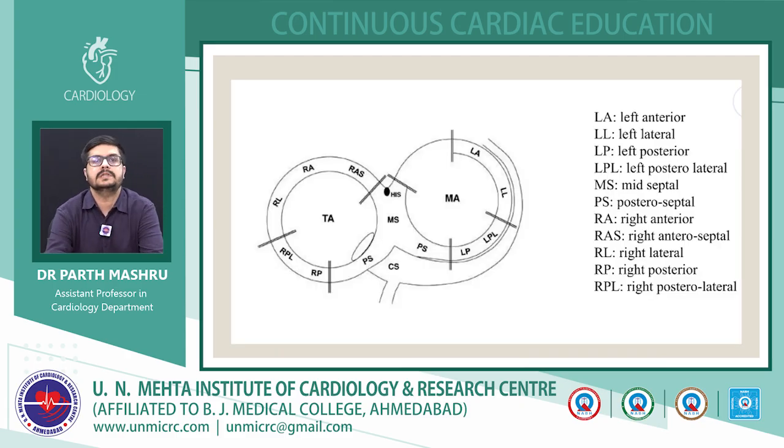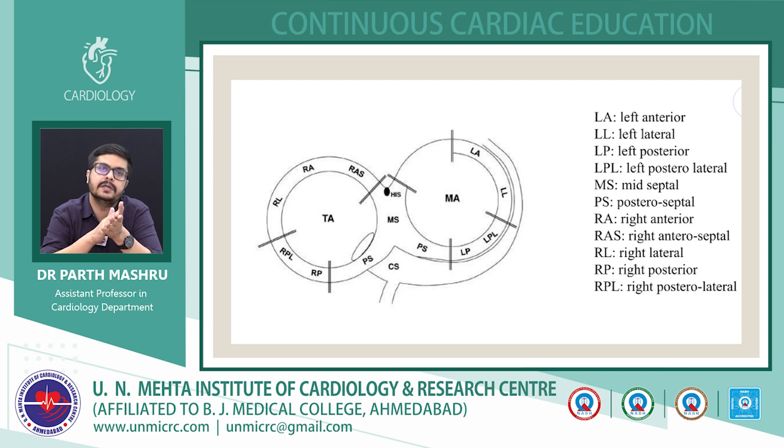So moving on, firstly, we need to know what the pathways are which are possible. This is a schematic diagram of the mitral annulus and the tricuspid annulus, and this is more or less similar to what we see on the LAO view during the ablation. On the mitral annulus, the pathways which are possible are lateral anterior, left lateral, left posterolateral, left posterior and posteroseptal.